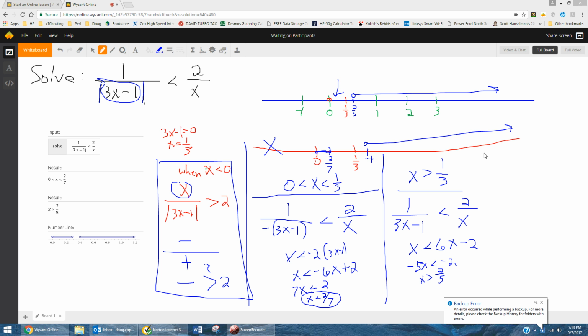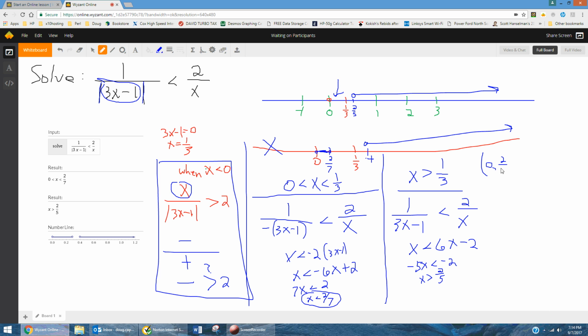Your book might have an answer like the interval from 0 to 2/7 union the interval from 0.4 to infinity. Those are the numbers that make this inequality true. Okay, and if you need additional clarification, we can talk about it next time we meet. I'll end the video here and post it on YouTube.